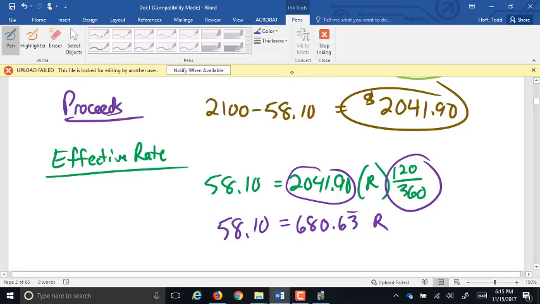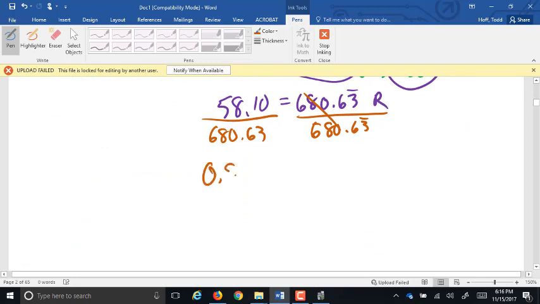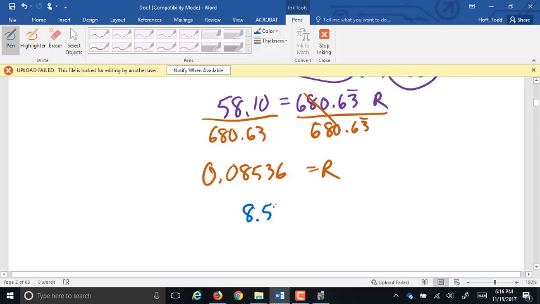And then divide by 680.63. We get 0.08536, right? Equals R, which is 8.54%.